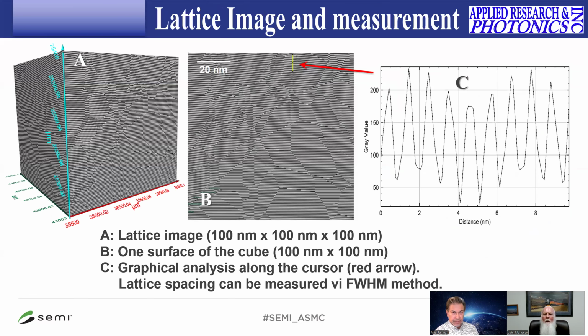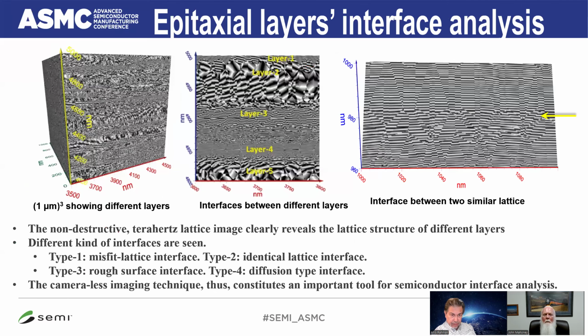And then particularly the lattice image, from which we can measure the lattice parameters, but it also lets us inspect the nanograins that form within even a single crystal lattice. And then the interface.